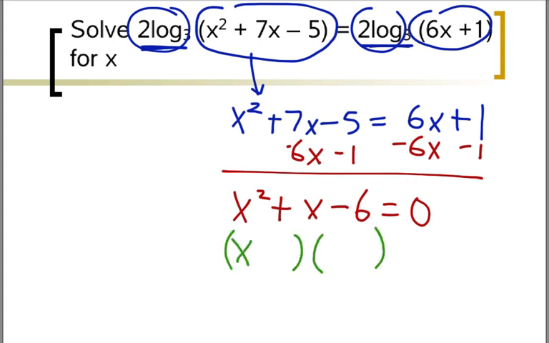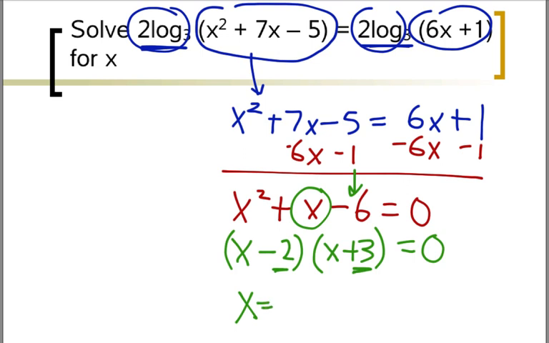And we should get x times x and then negative 2 positive 3, because negative 2 times 3 gives me negative 6. And when I add 3x minus 2, it'll give me the positive x in the middle. Equals 0. You could do magic x here also. And we get x equals 2 and then x equals negative 3.